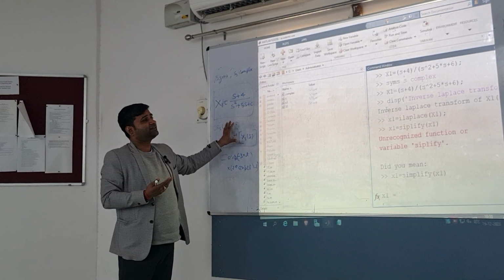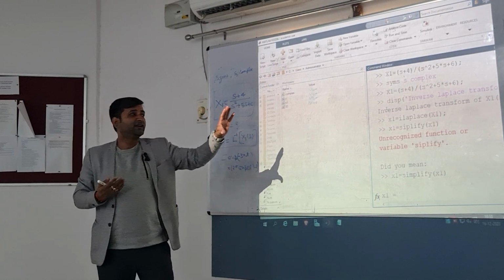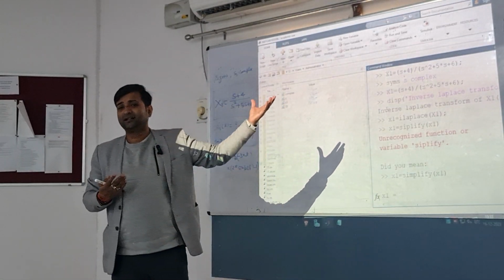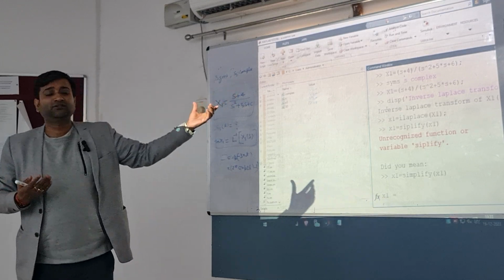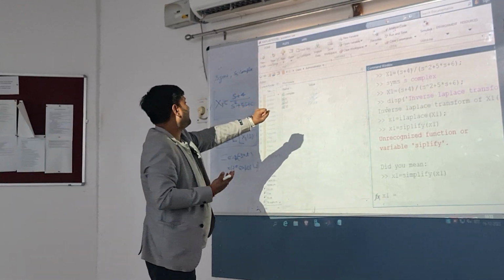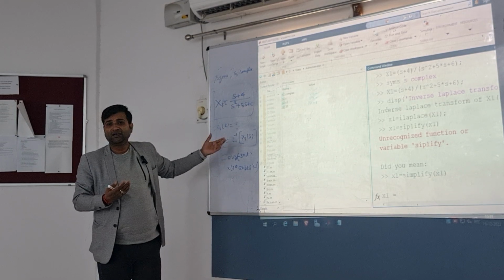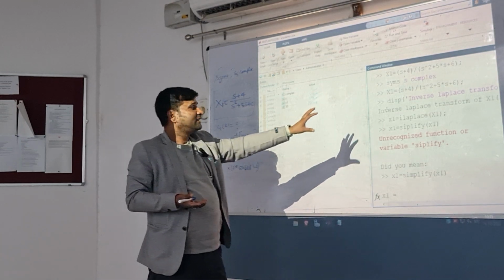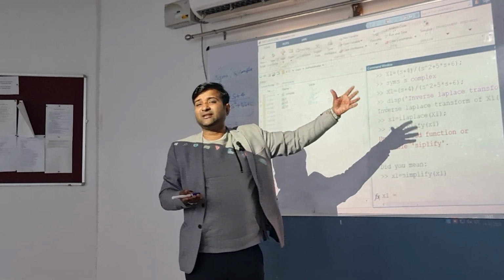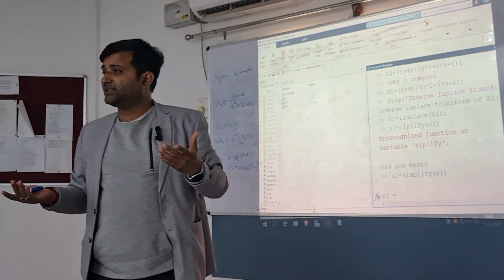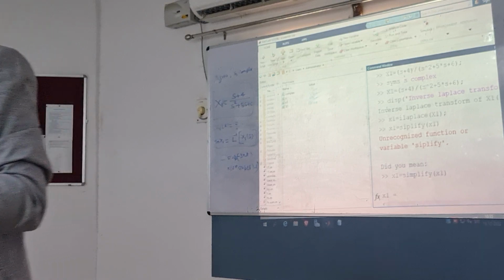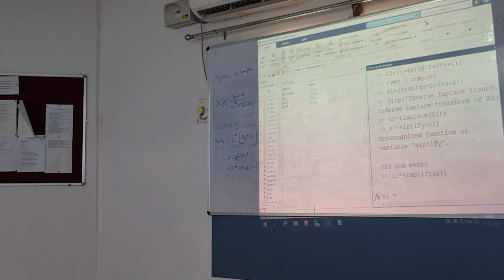This is one type of the given function. There are various inverse functions: given a Laplace transform, you find the inverse Laplace transform. If you change the problem, the polynomial function changes, then the result also changes. To cross-check the simplest function, you write another problem.